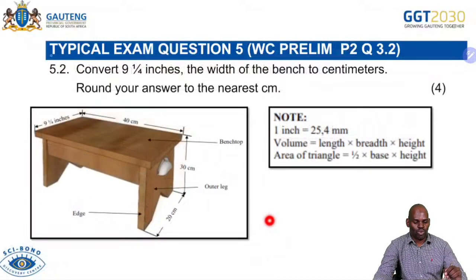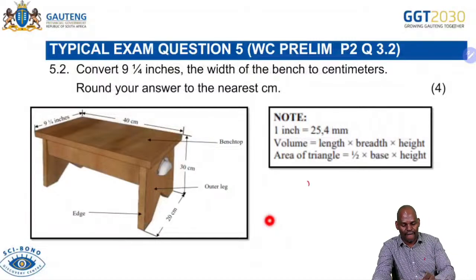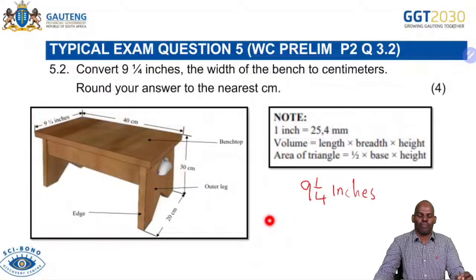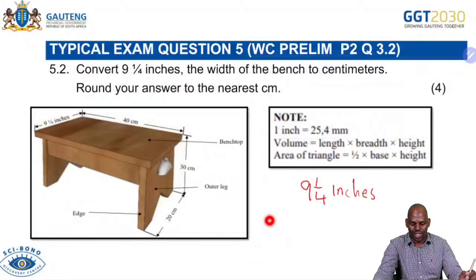Okay, then 5.2: convert 9 and a quarter, 9 and 1 over 4 inches, which is the width of the bench, to centimeters. Round your answer to the nearest centimeter. Like I said, boys and girls, it is much easier to work with values in the form of whole numbers or decimals.